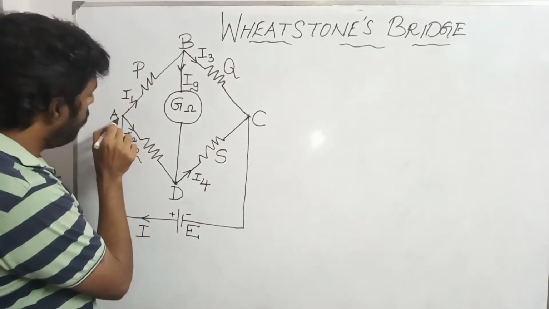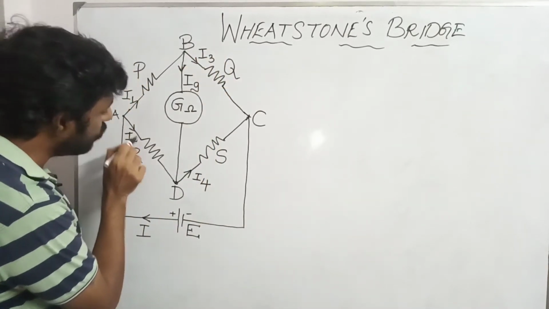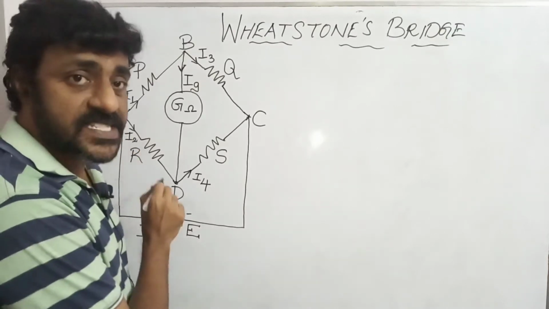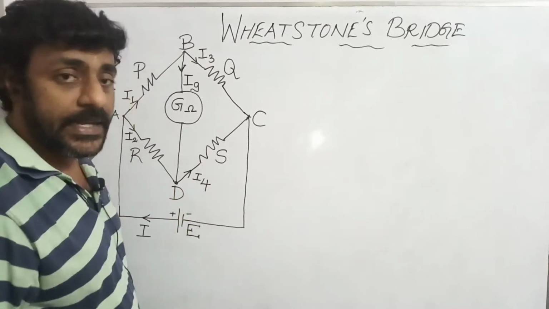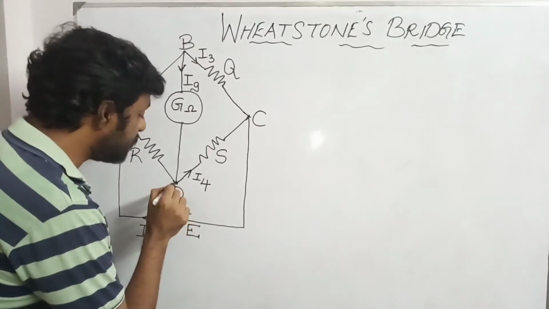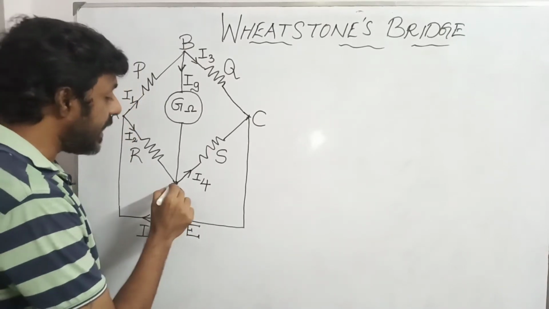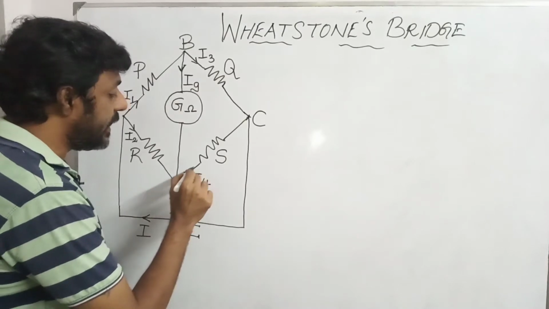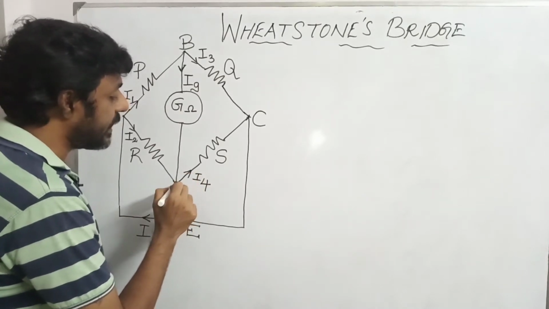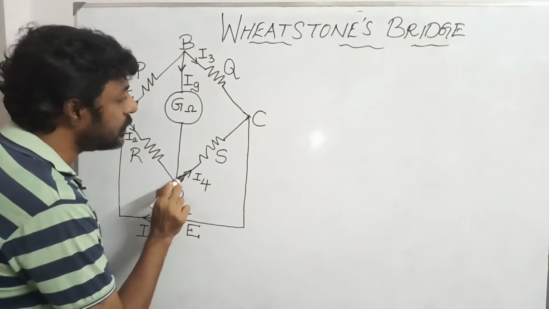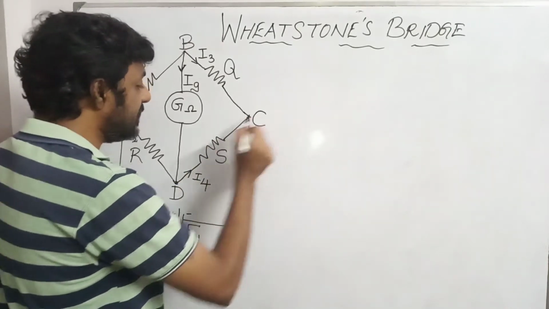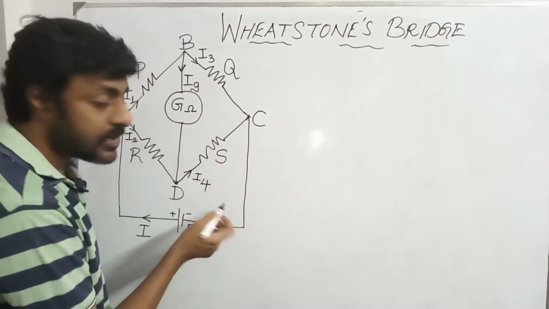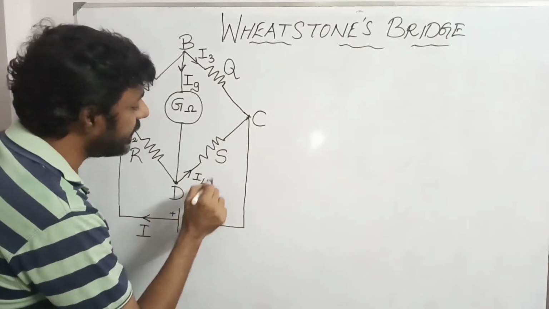So when this I2 current flows through the branch AD through the resistor R, it reaches the point D. D is a junction. At this junction, it will again divide into another current which will be flowing through the branch DC, through the resistor S, and I am naming that current as I4.